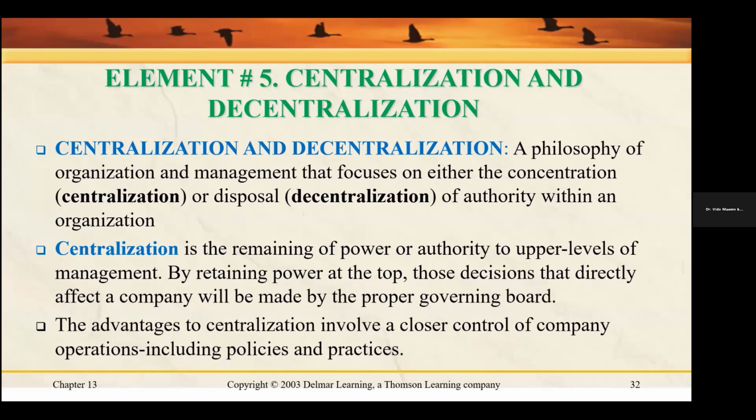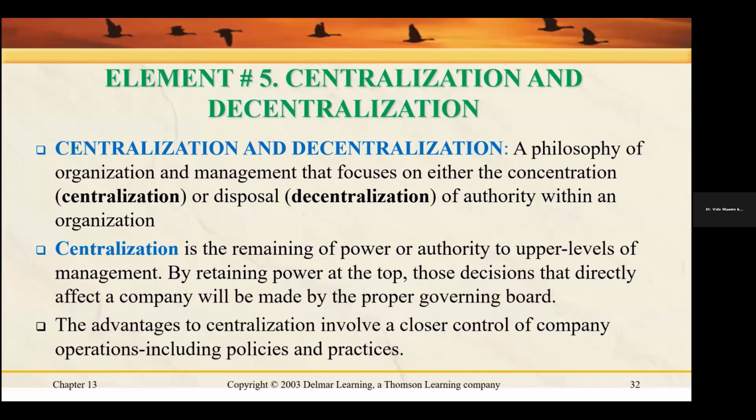That is the decentralization. The advantages of centralization involve closer control of company operations, including policies and practices. All our policies, practices, guidelines and practice guides come from the top.